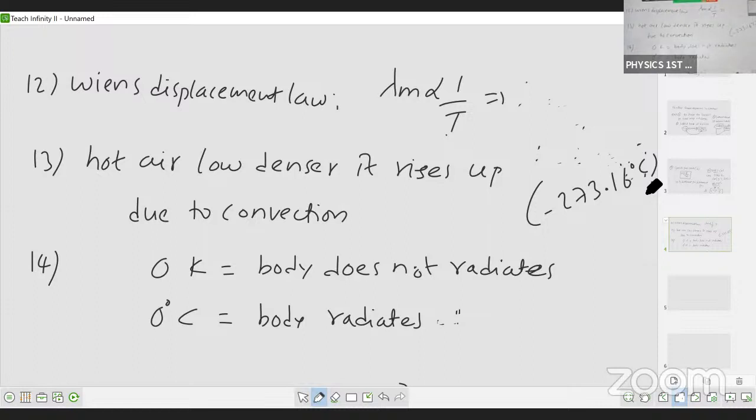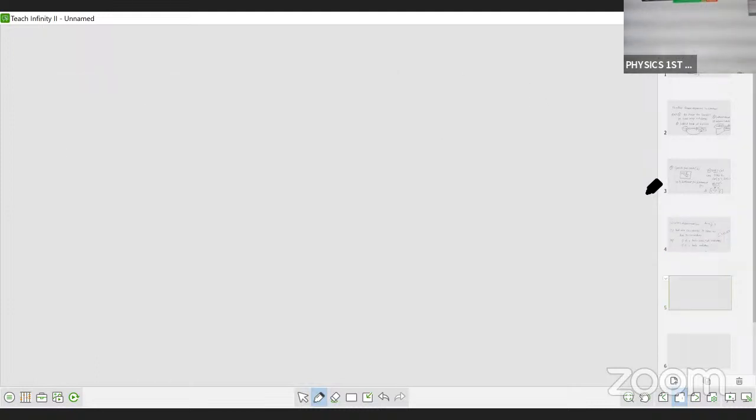Now see, students, next: greenhouse effect, global warming. All these are important questions. One is the greenhouse effect, global warming, Newton's law of cooling, roof of the building painted. Two questions are most important: greenhouse effect with global warming.